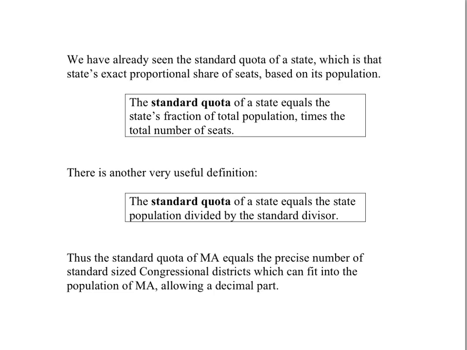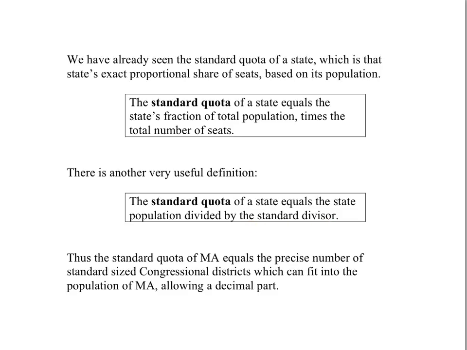So we've already seen the idea that the standard quota, which is a state's exact proportional share of seats based on population, can be computed as the state's fraction of total population times the total number of seats. So if Massachusetts has, say, 45% of the total population, 45% of the total number of seats tells you how many seats Massachusetts is exactly entitled to based on population. But there's another very useful definition now. The standard quota of a state equals state population divided by standard divisor.